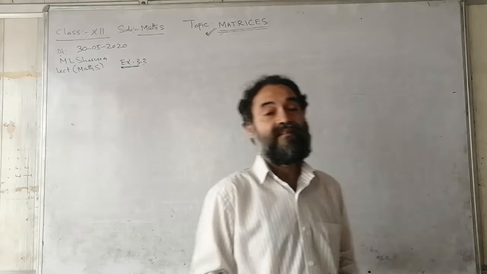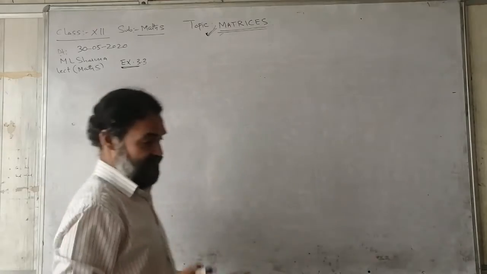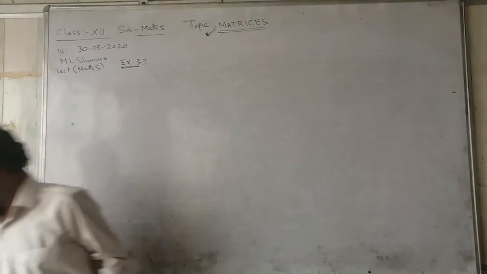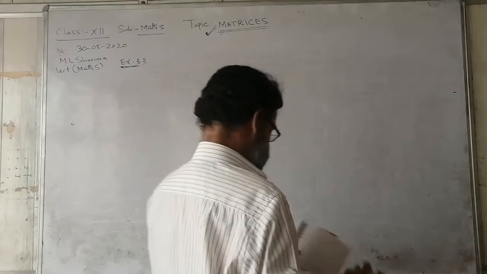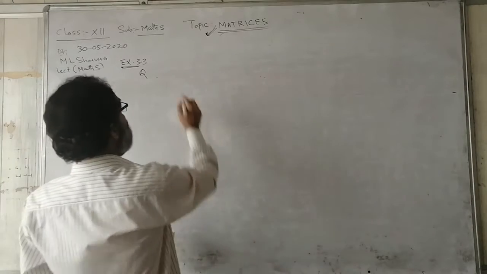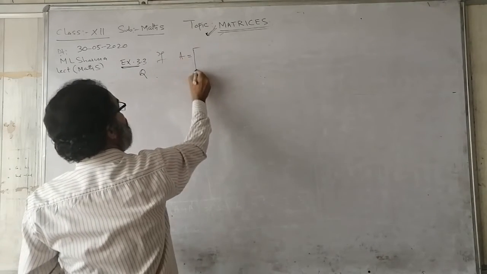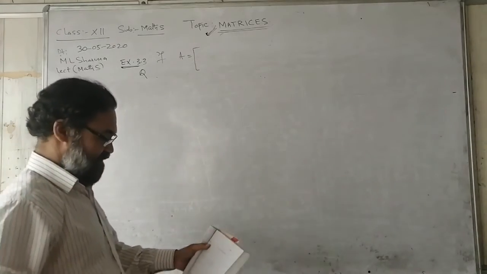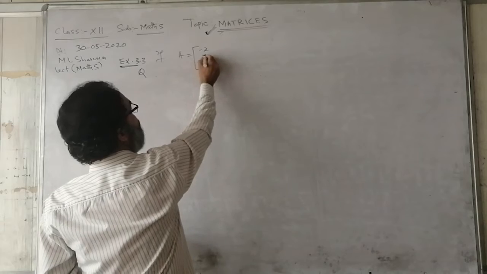Welcome back. The same topic, matrices. So exercise 3.3. The question says: if matrix A is given, its elements are -2, 4, 5.